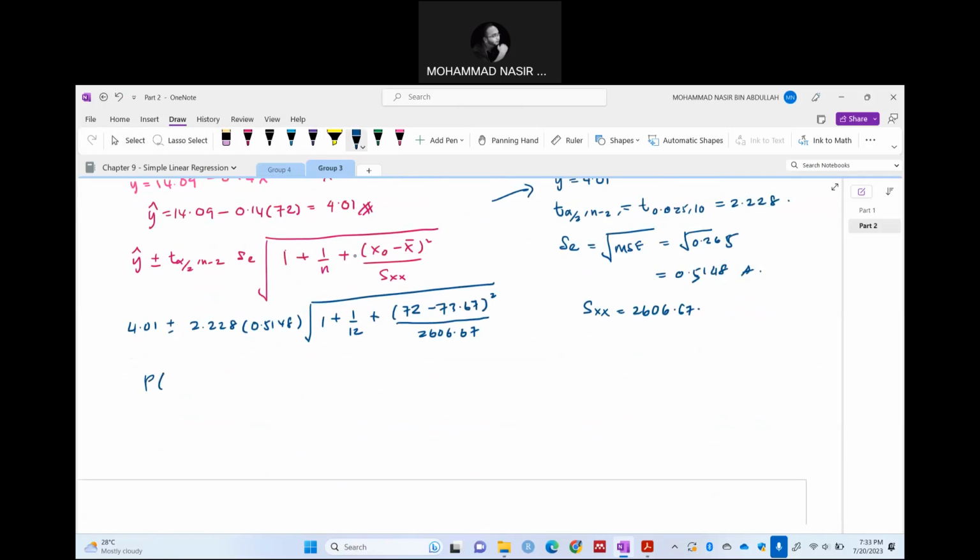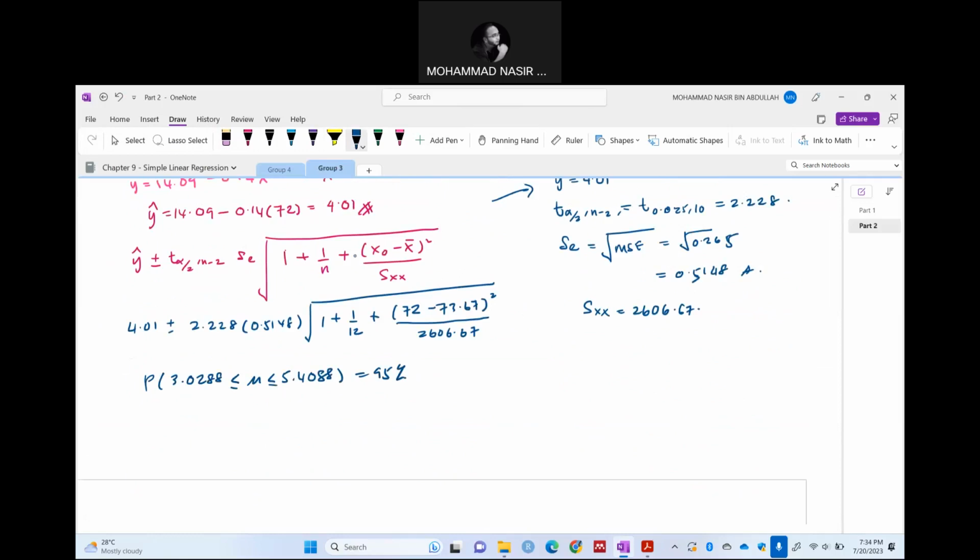So roughly what do you get? 3.0288, 5.4088. So you need to calculate carefully.